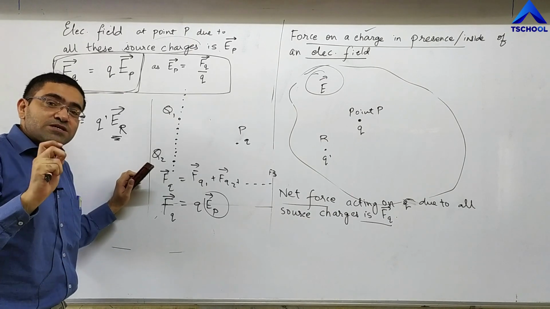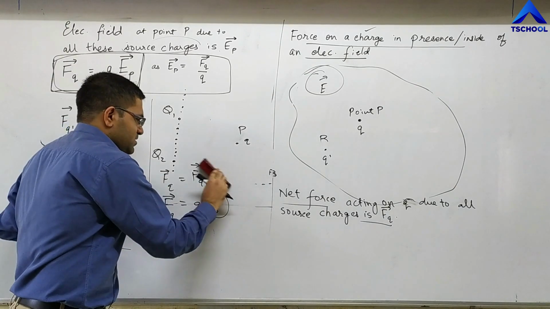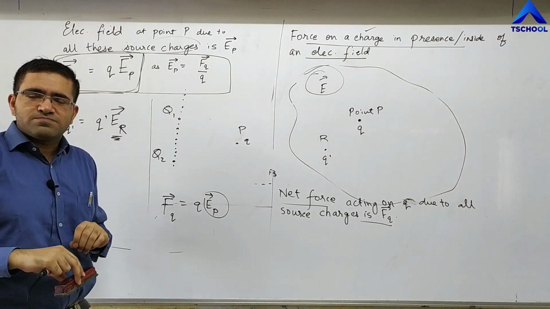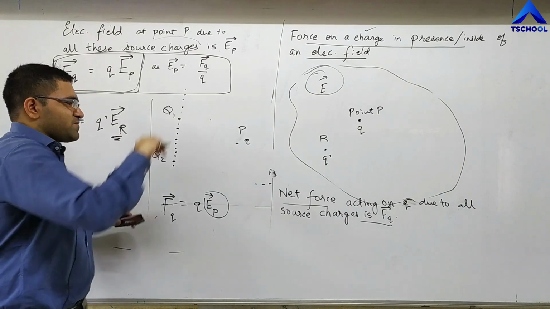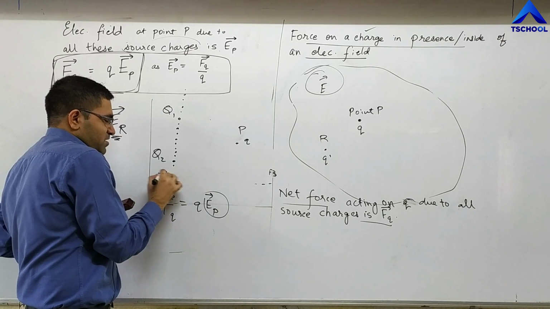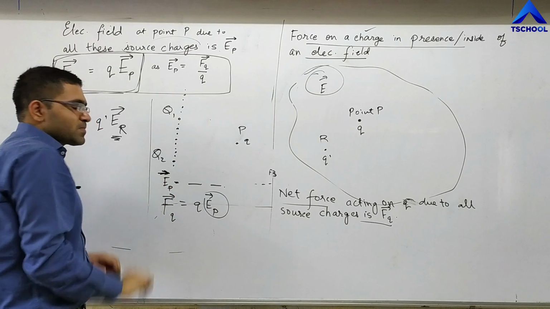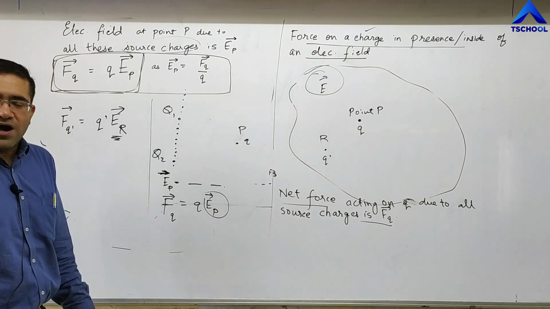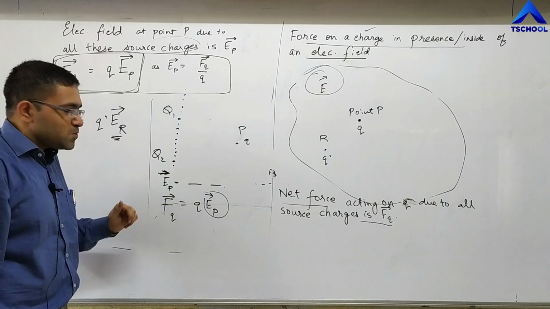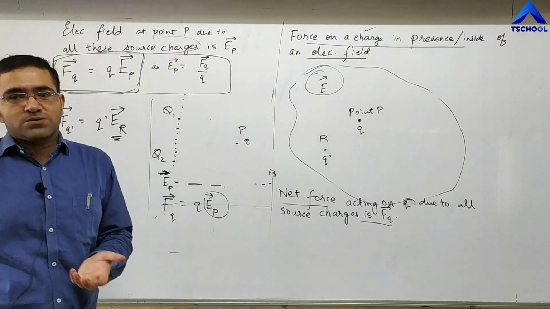Instead of that, think about it: if someone measured the electric field and gave you a value, both magnitude and direction, for the electric field at this point P, and now you are supposed to find the force acting on the charge Q placed at that point, you don't have to add up a million terms.